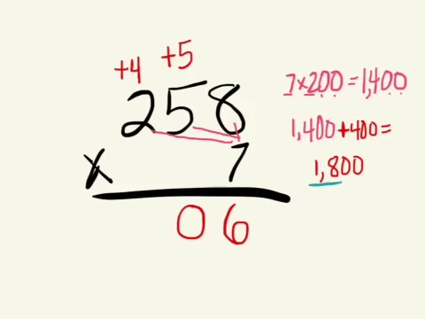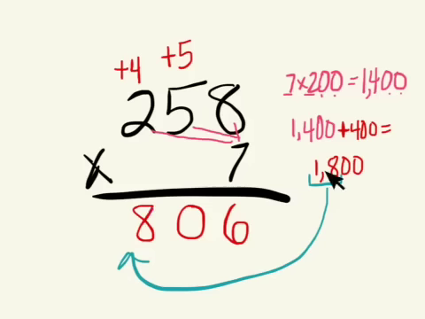So if we take it and move it on over, all of this at the same time, the 8 can go in the hundreds place, just like it is right here. And the 1 can go in the thousands place, just like where it is right here.